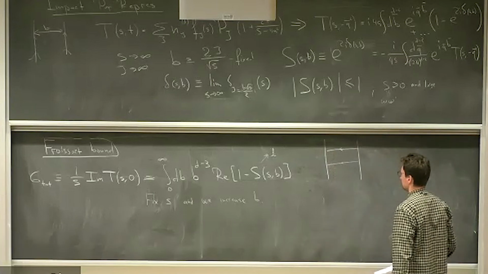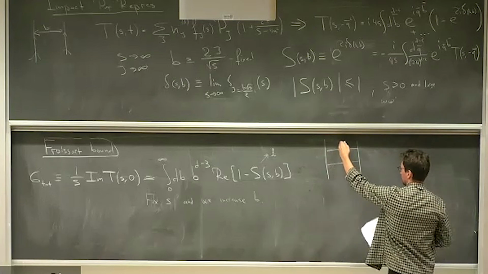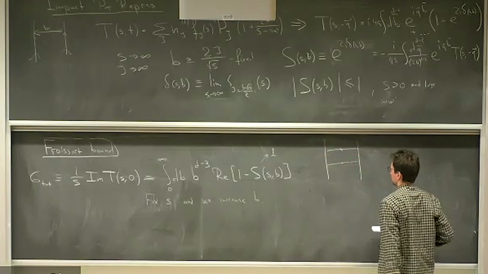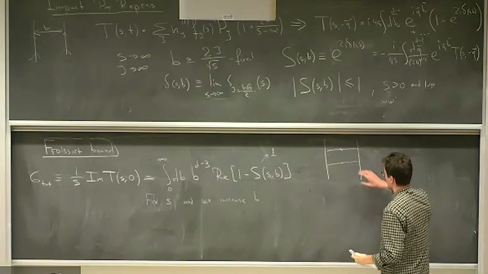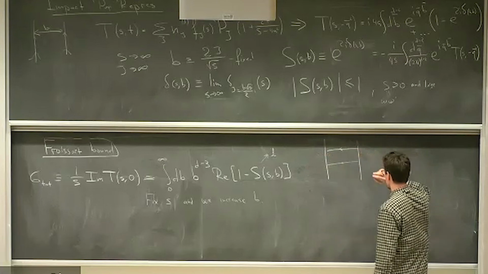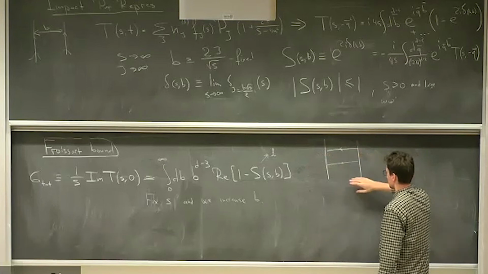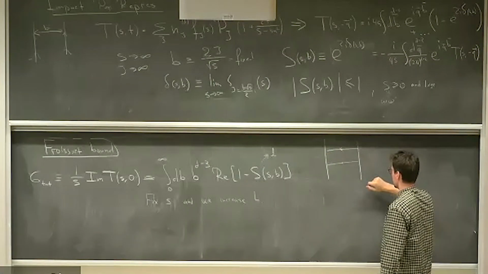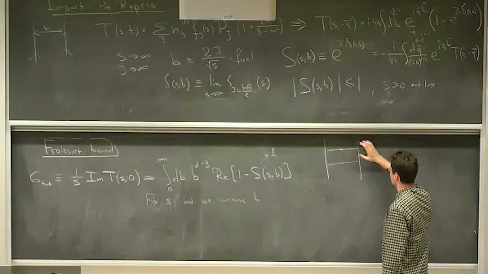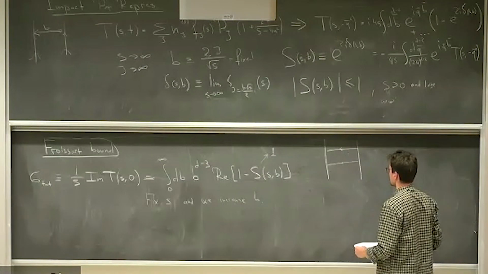Then as we go to large distances, I guess the reason is that if I consider scattering of pions, which are pseudoscalars, the lowest state you can exchange is a pair of pions.